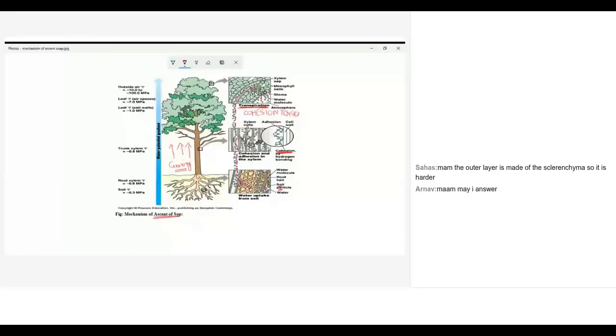Okay, so here, in order to overcome the gravitational force, some balancing force will be developed by the plant in the form of a water potential gradient. Gradient means what? You'll have a bias. So a water potential difference will be observed when transpiration occurs.